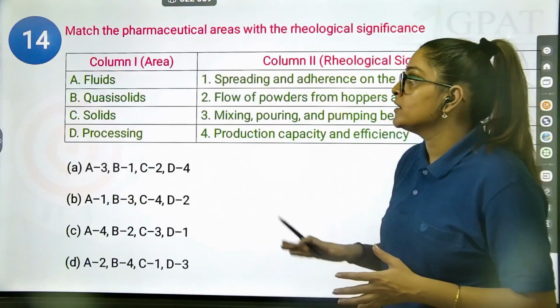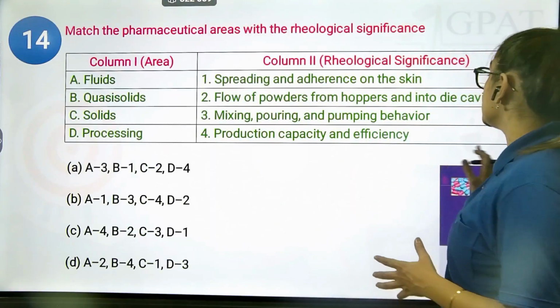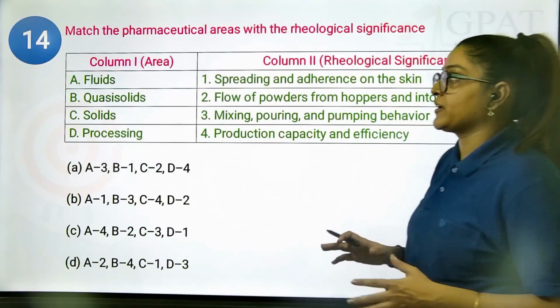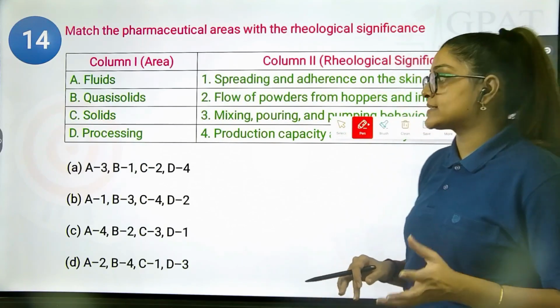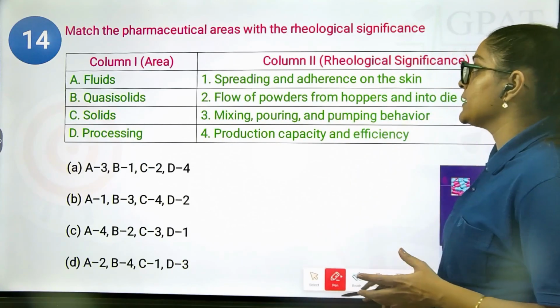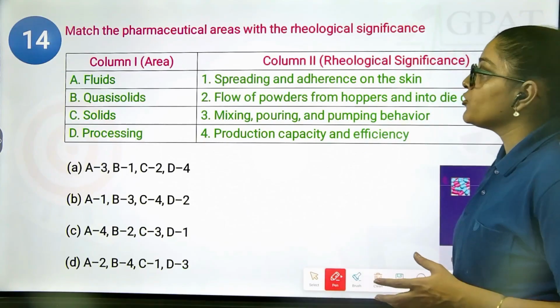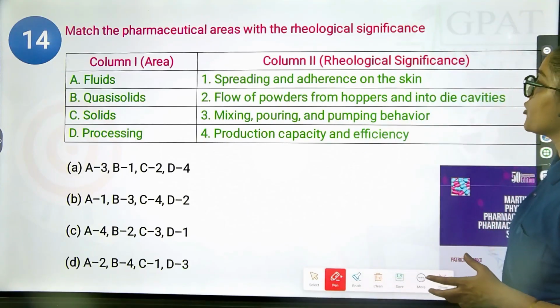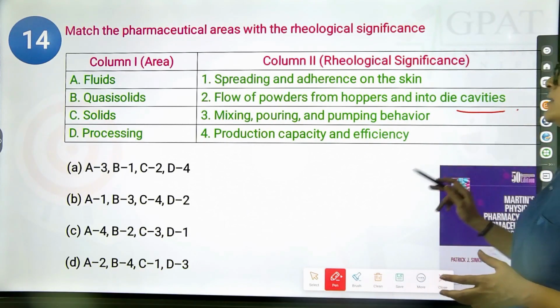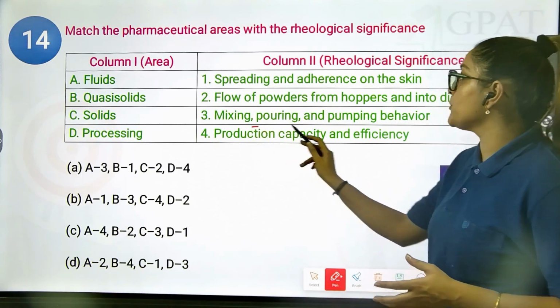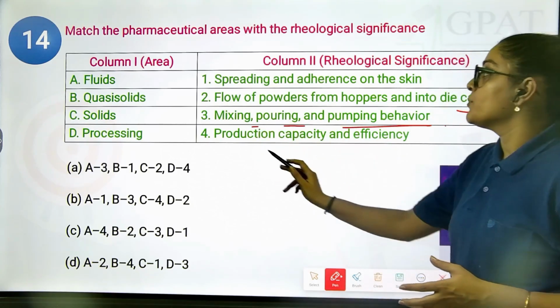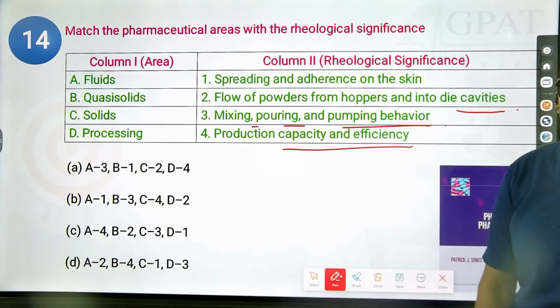Next, match the pharmaceutical areas with their rheological significance: fluids, solids, quasi-solids and processing. Spreading and adherence on the skin. Flow of powders from hoppers into die cavities. Mixing, pouring, pumping behavior. Production capacity and efficiency.